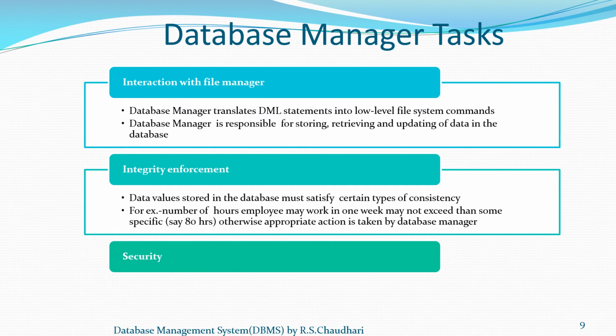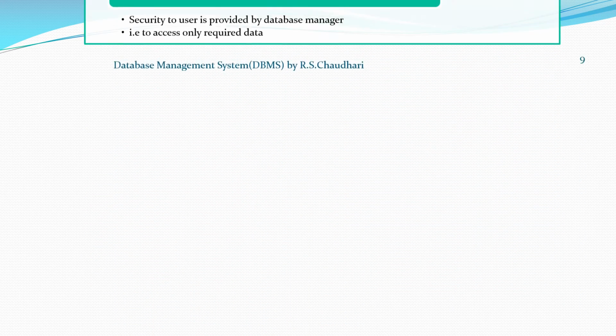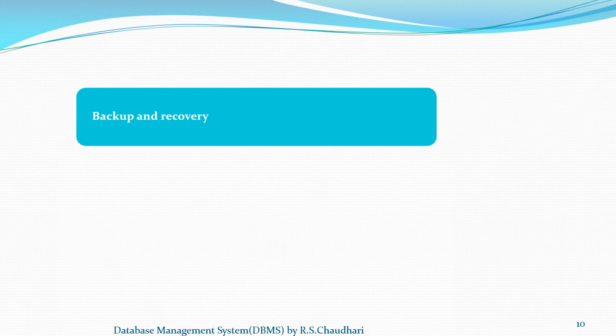Third is security. Security to user is provided by database manager to access only required data. Now this security is provided by different means like passwords, etc. Fourth one is backup and recovery.